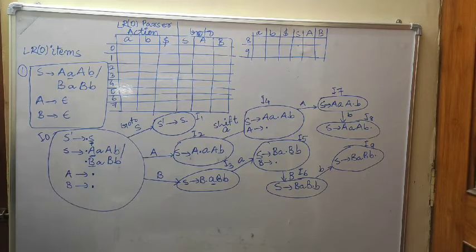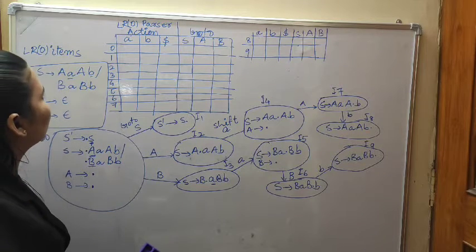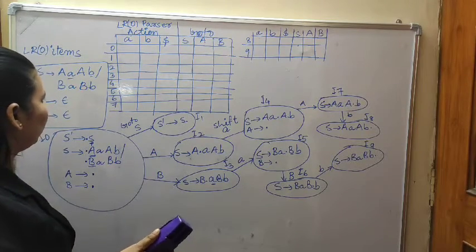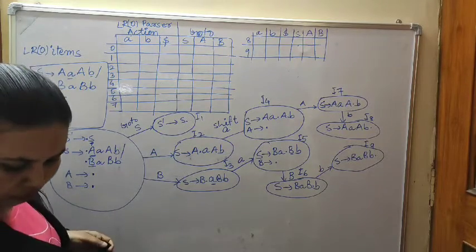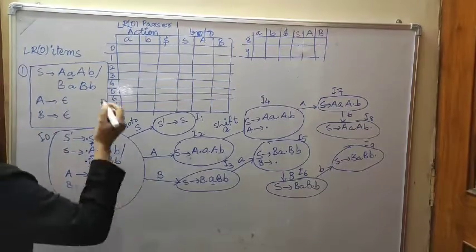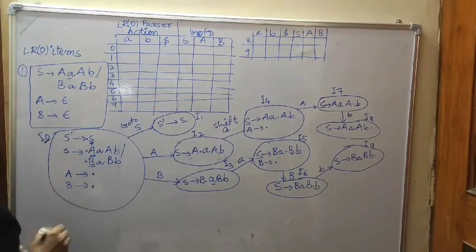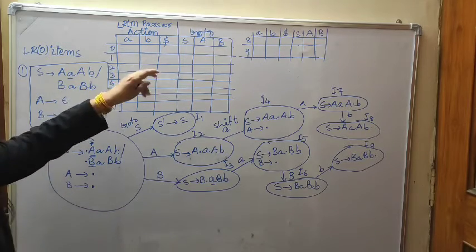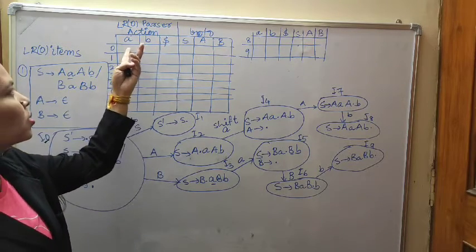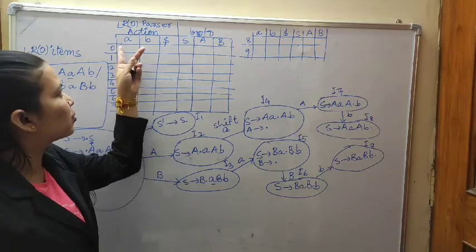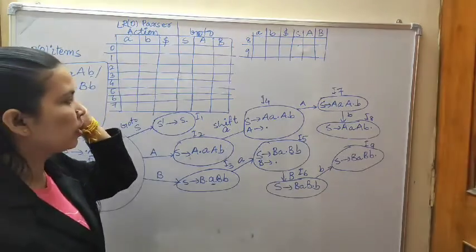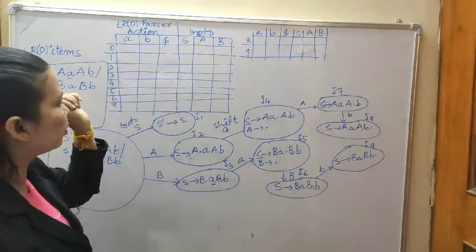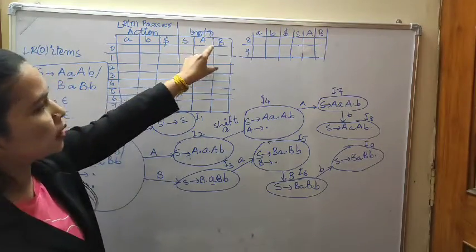I am taking another color. If we check the I0 part, look here. Here we will write in the shifting part. The action part means the shifting part or the reducing part. The reducing part I will tell you later, and the go-to part we will write here.